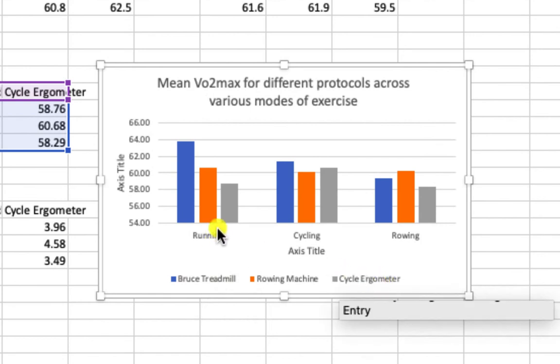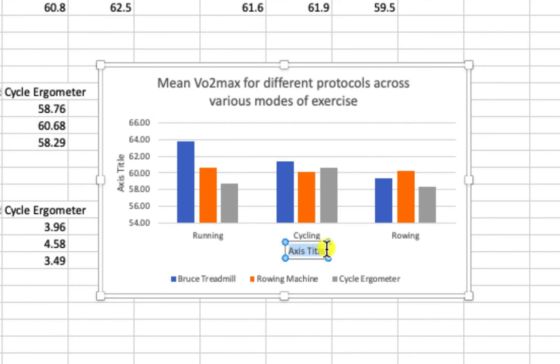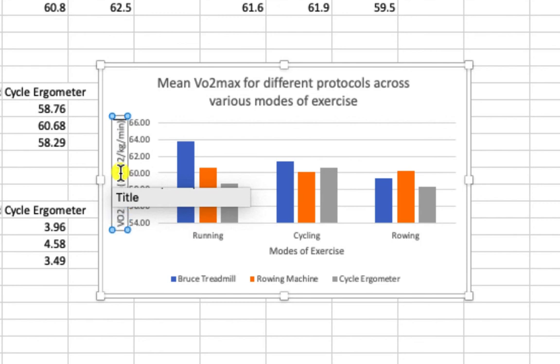And then those are within each of the modes of exercise. So my x-axis title should be modes of exercise. And then my y-axis is going to be VO2 max in milliliters of oxygen per kilogram per minute.